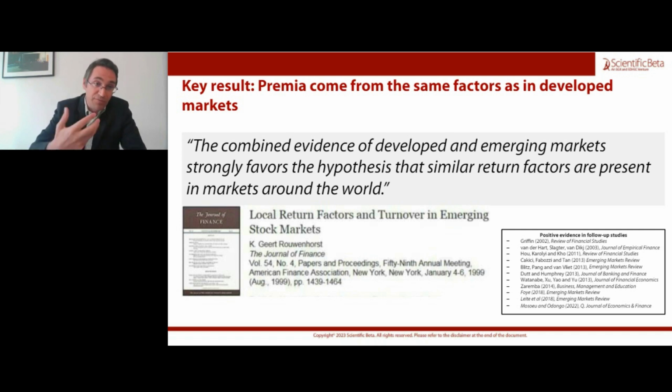So you have one very popular and early example, which is this paper in the Journal of Finance by Rouwenhorst. So I have this quote here.